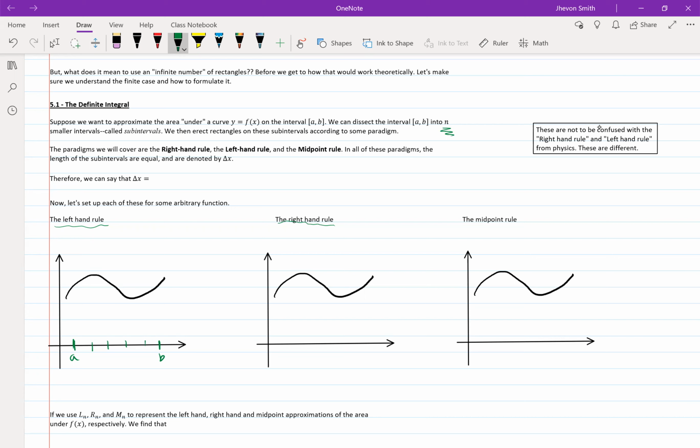One strategy is to use a left-hand rule, meaning on the subinterval, the left side would dictate the height of the rectangle. The left side goes up, and wherever it hits the function, that determines the height.